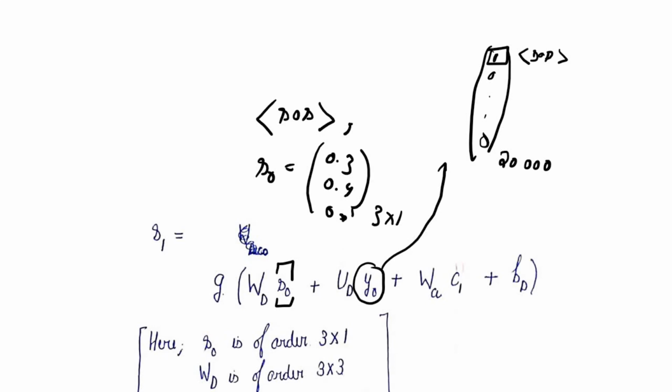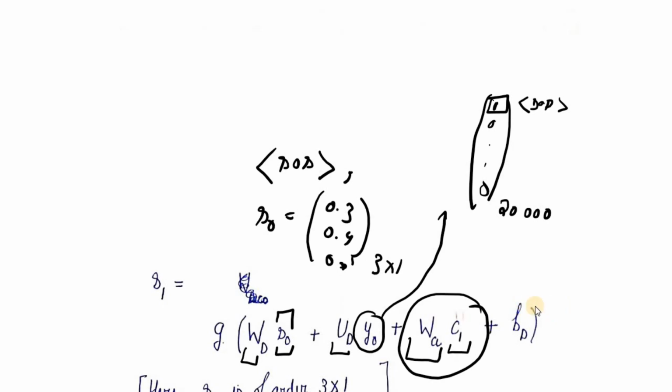So this is the vector we are passing. This is again the parameter we will be tuning, Wd and Ud, and we pass a context vector as well from the previous step, and this is the extra parameter. So this is the extra term which we are adding while we are trying to figure out the RNN for the decoder part, and a bias term will obviously be there.